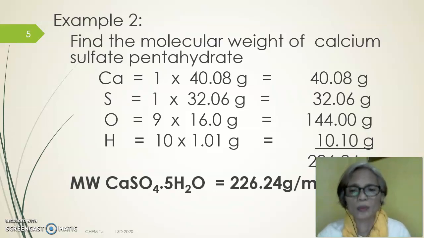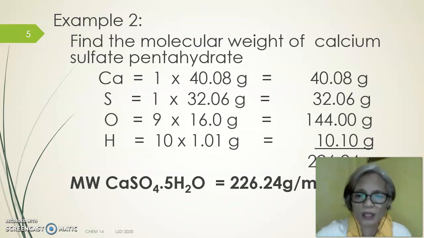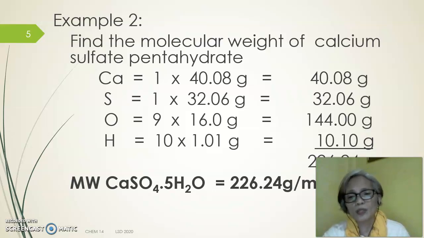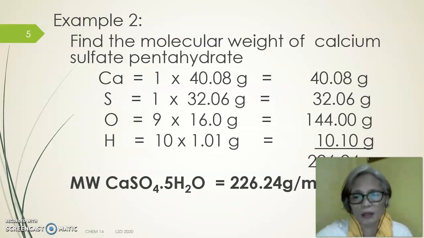So you count the number of atoms of each element. How do you determine that? You just look at the subscript, which is the number located down in the formula. For calcium, we have 1 atom.